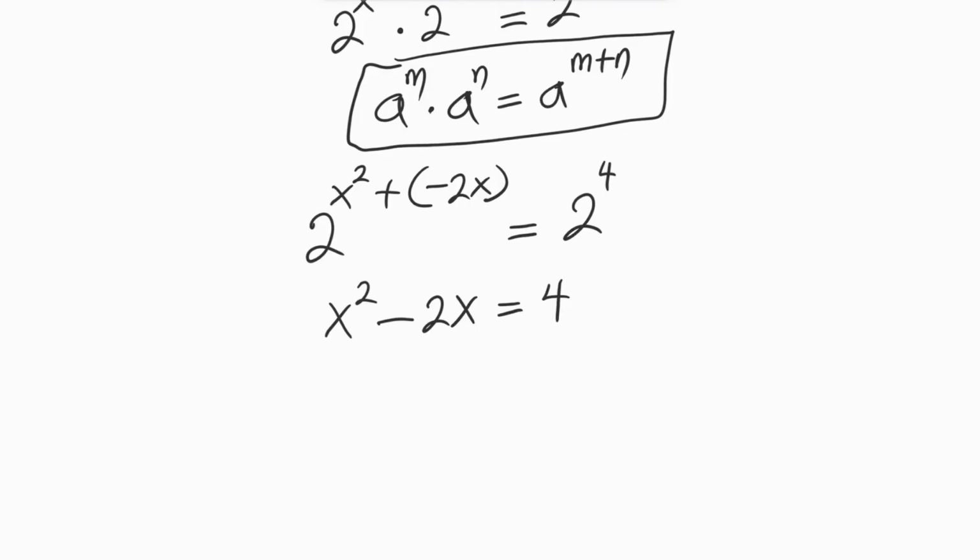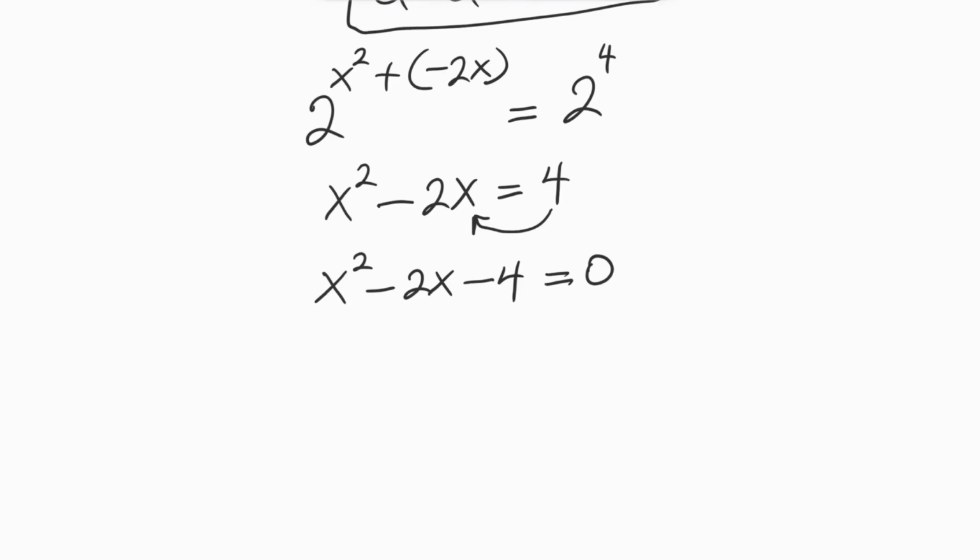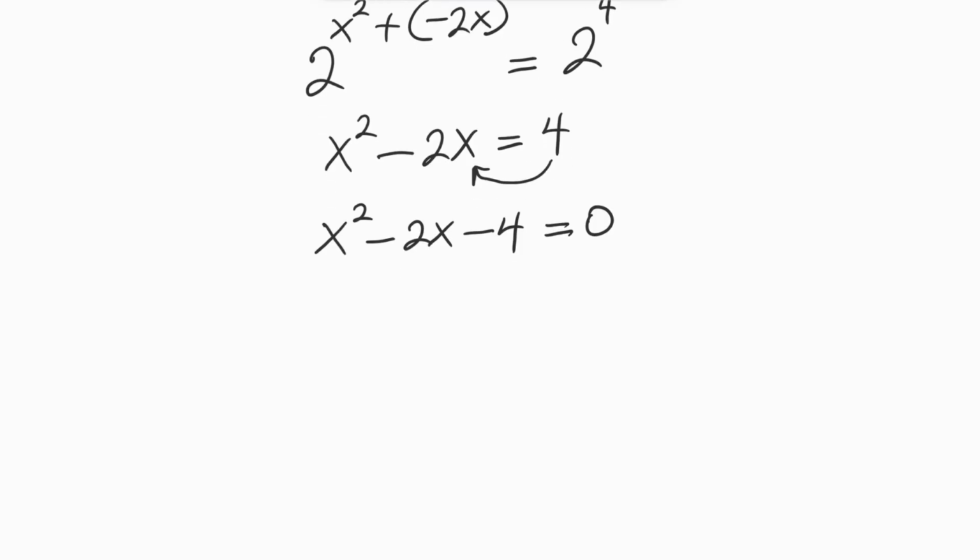Now we can move this 4 over to the left-hand side so that we have x squared minus 2x minus 4 is equal to 0. So now what numbers can we multiply together to get minus 4, and then when we add them together, we still get minus 2? That will not be possible.